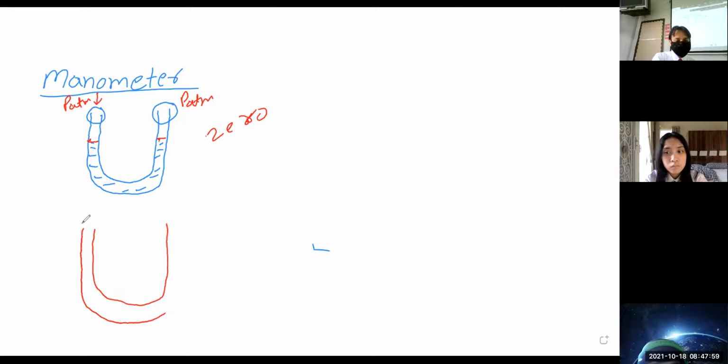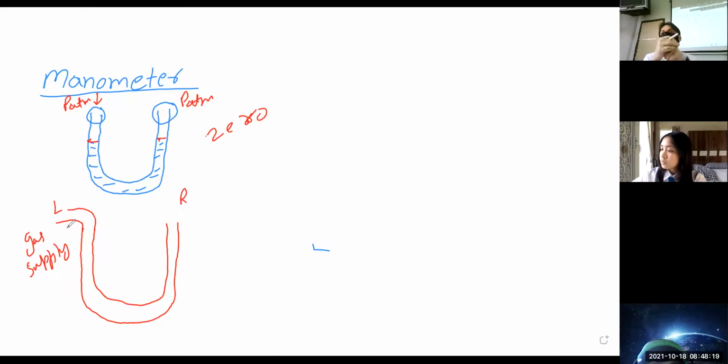In the second situation, I have connected the left side, and every time I will say this is the left side and this is the right side, to a gas supply, like the LPG cylinder we use at our home. Now the gas supply is there, and on the right-hand side, this limb is closed.